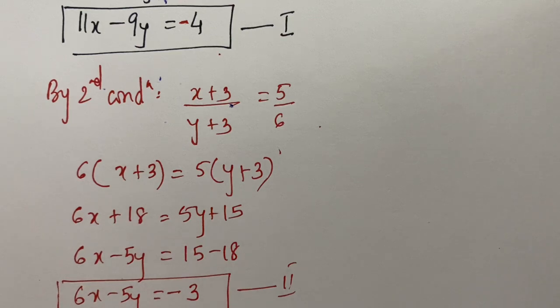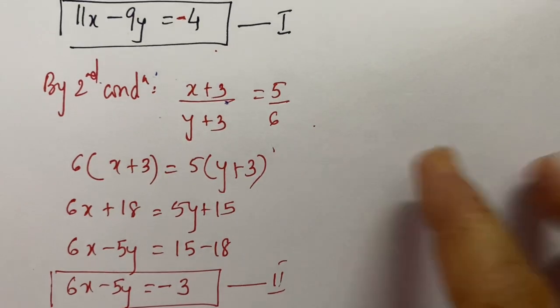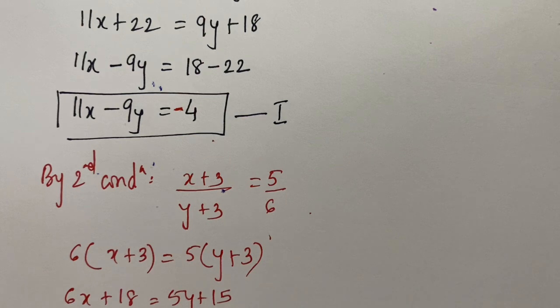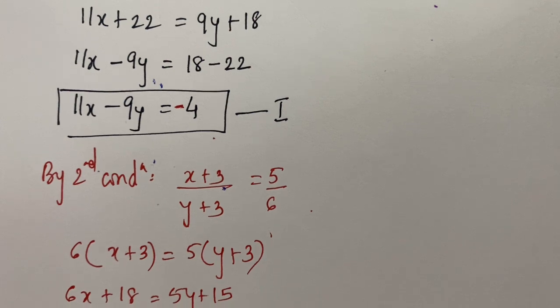So what are we going to do is, we will multiply the first equation by 5, okay, and the second equation by 9. So let us do that first.